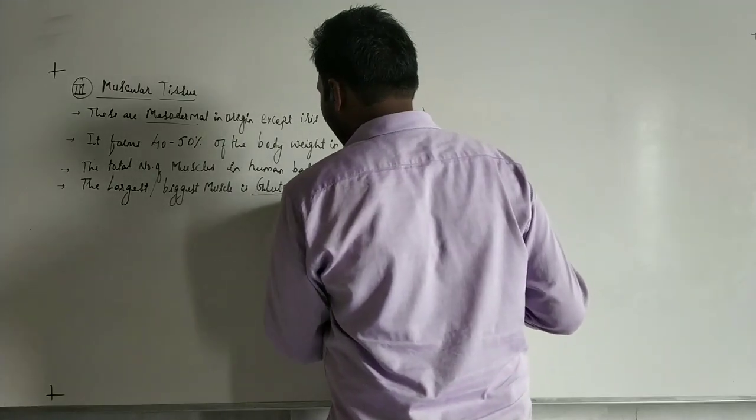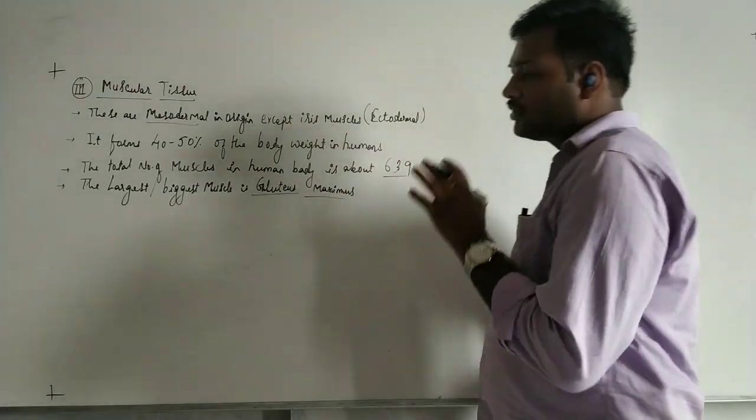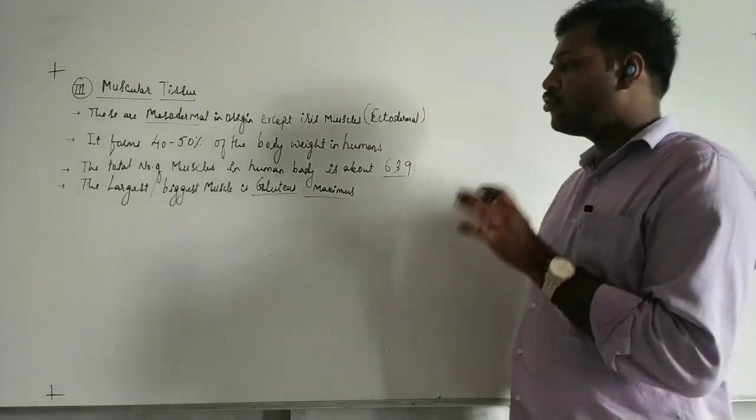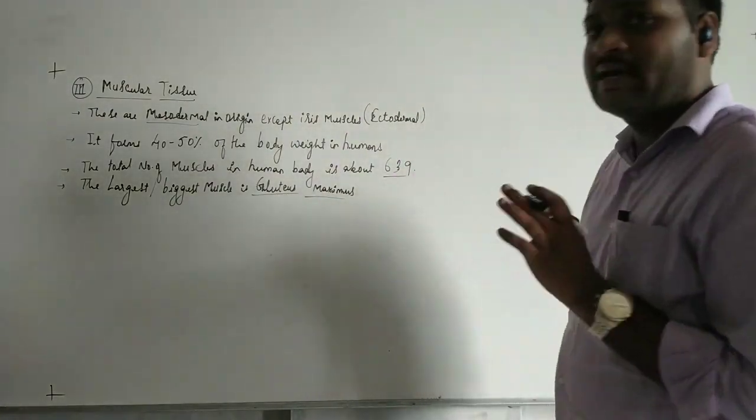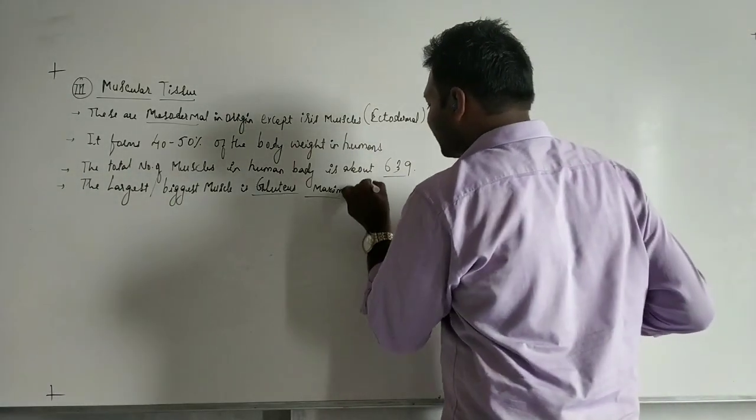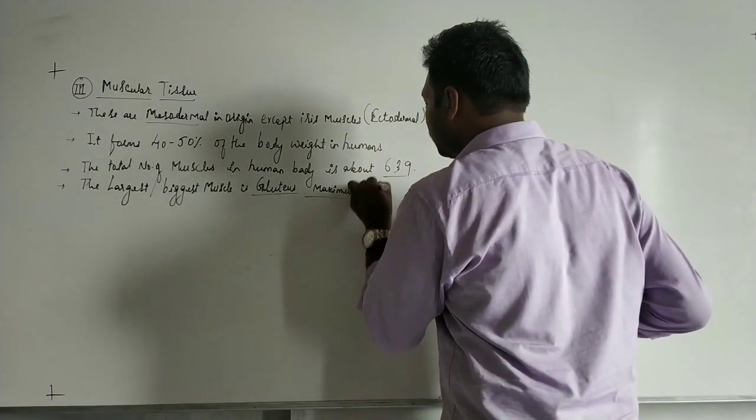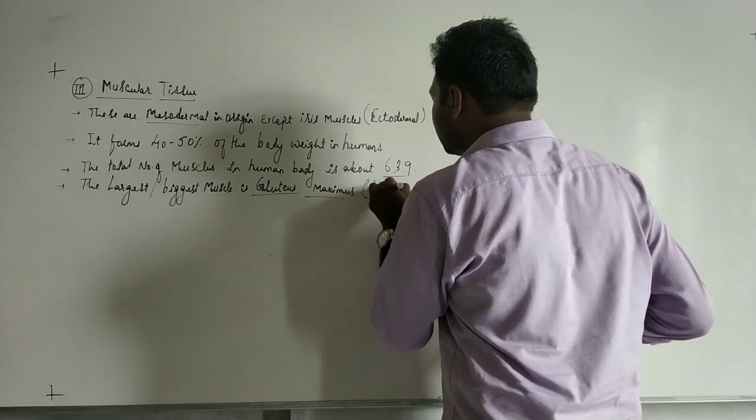So the largest type of muscle seen in the human body is the Gluteus Maximus, which is also referred to as the hip muscle.